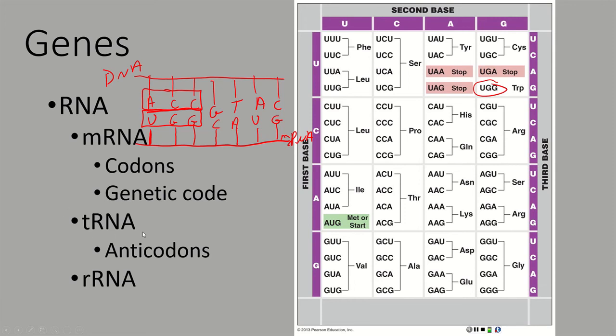The next type of RNA we will discuss in a moment is transfer RNA, tRNA. tRNA are short lumps of RNA whose job it is to go and grab the amino acids that the mRNA codes for. And it does that using something called anticodons. Anticodons are the opposite 3 letters from codons.